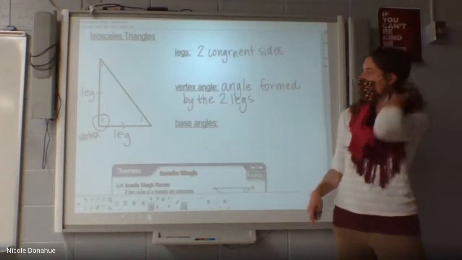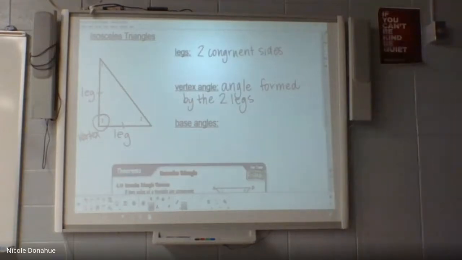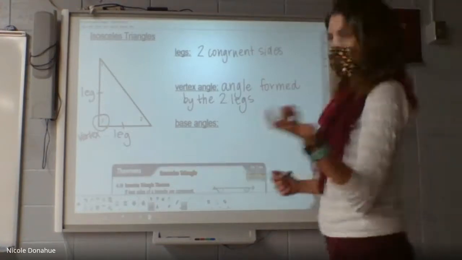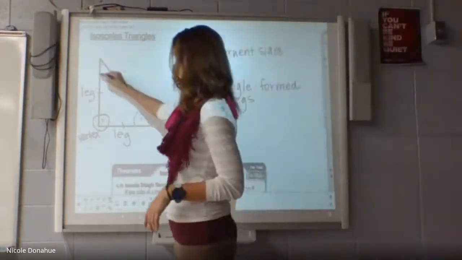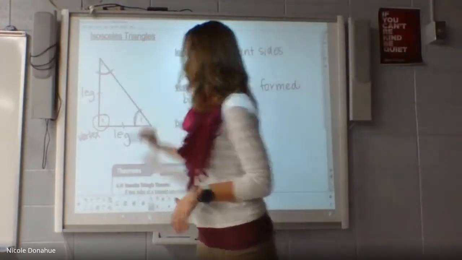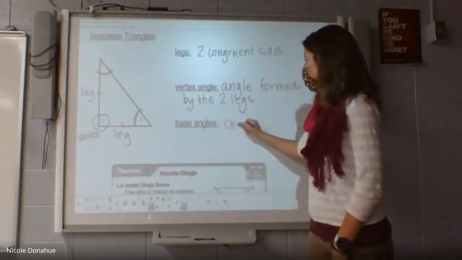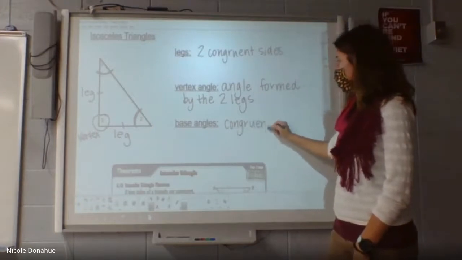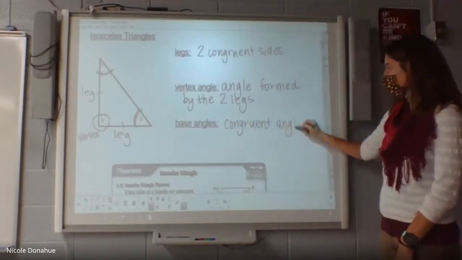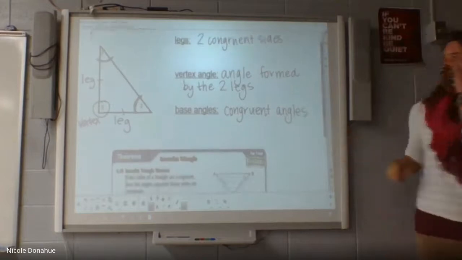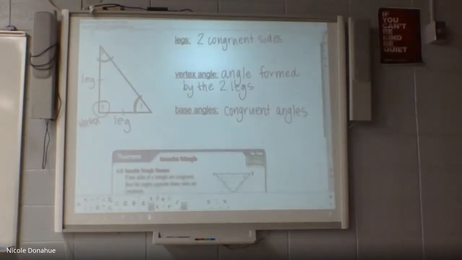So the vertex angle is the angle formed by the two legs. It's the included angle with those two legs. And then the base angles, we just talked about this. These are the base angles, the congruent angles. Now, I drew this intentionally the way I did so that the base angles aren't always on the bottom.